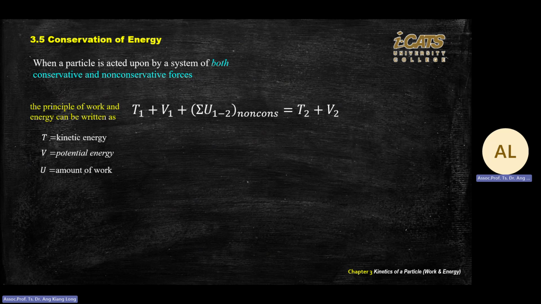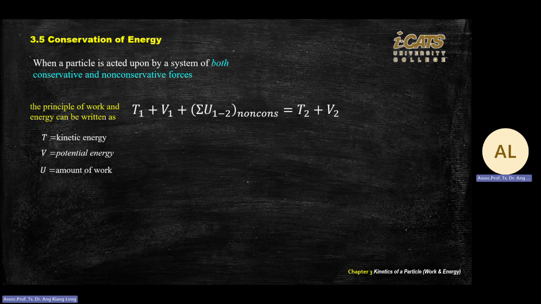Work is not conservative. Why? Why is work not conservative? One is friction, and then what? What is the formula for work? Work, you look at what vectors? Force and displacement vector, right?